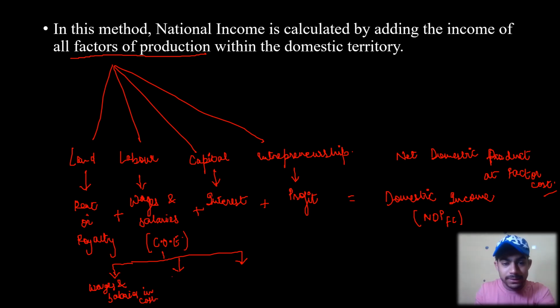Now the next one is wages and salaries in kind. Wages and salaries in kind means that apart from salaries, the allowances that they get, say for example traveling allowance or housing or medical allowance, these are all wages and salaries in kind and covered under compensation of employees.